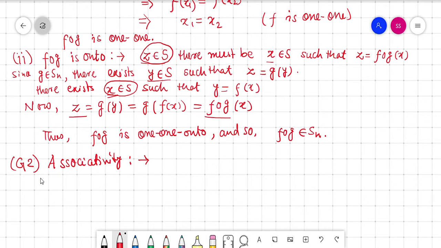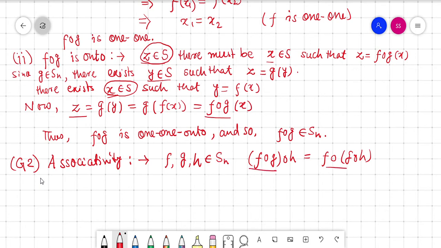For associativity, we have to take three elements of Sn. So I take namely F, G and H from Sn, and for associativity we must show that F composition G composition H is equal to F composition G composition H, with the brackets grouped differently. So we have to prove this one.